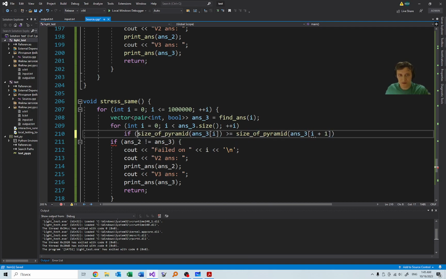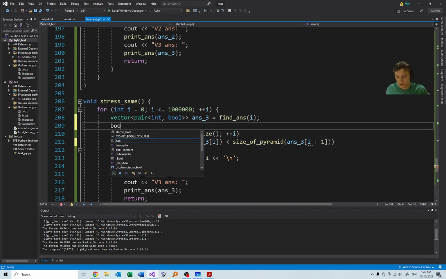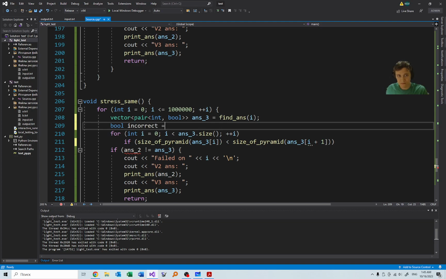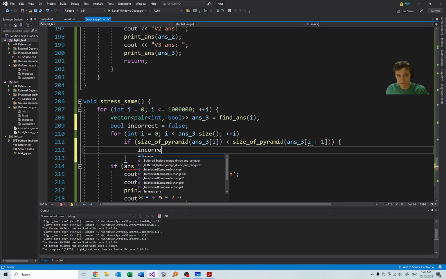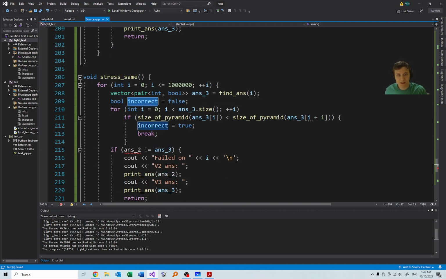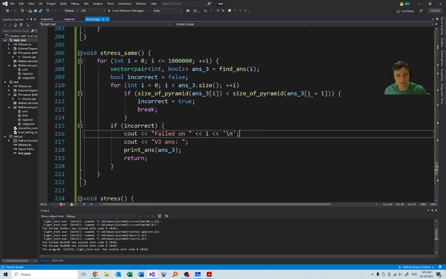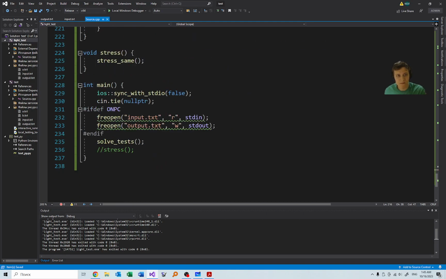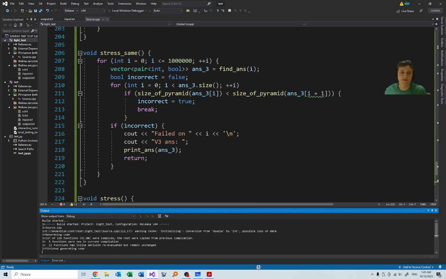So if this is false, then I need to say that incorrect is true. And if incorrect, then we need to print that. Again with stress, and let's try and run it.